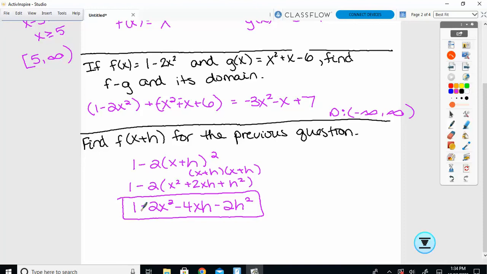We sometimes did some like evaluating from graphs. Do you guys remember that at all?